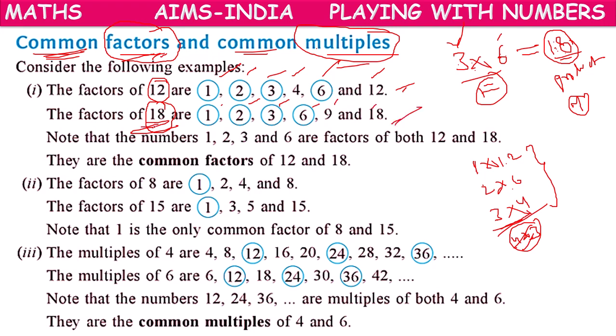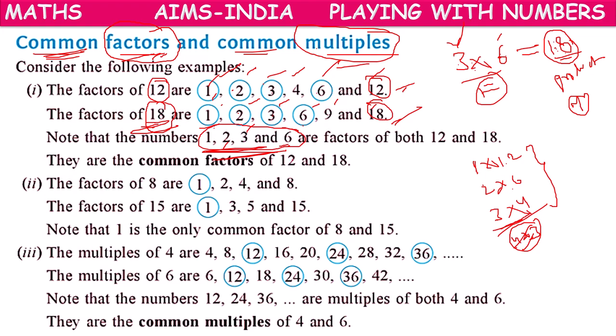If you carefully observe the factors of both 12 and 18, 1 is repeating, 2 is repeating, 3 is repeating and 6 is repeating. So these 1, 2, 3, 6 are present in both the factors of 12 and the factors of 18.